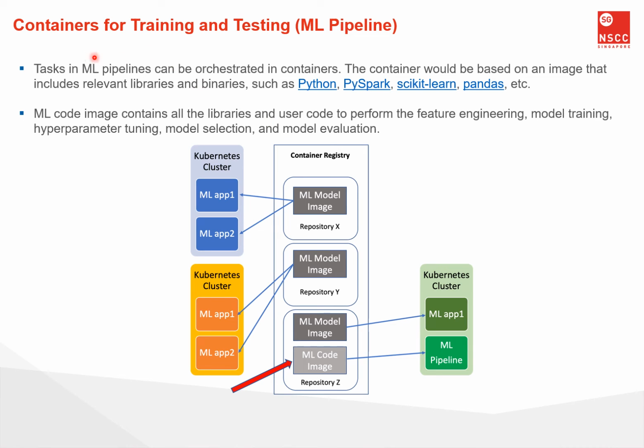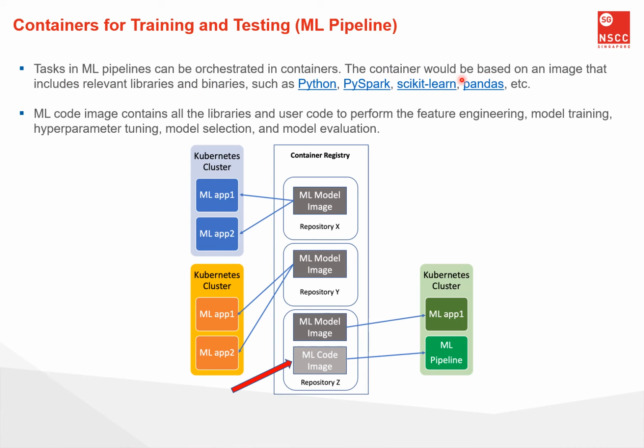So we can have containers for both training and testing, which is the machine learning pipeline. You can see that for this cluster, the pipeline code is built using this particular image shown by the arrow there. The tasks in the pipeline are orchestrated within the container.